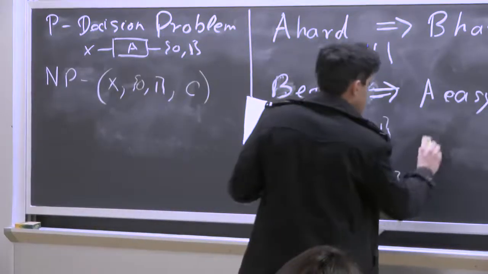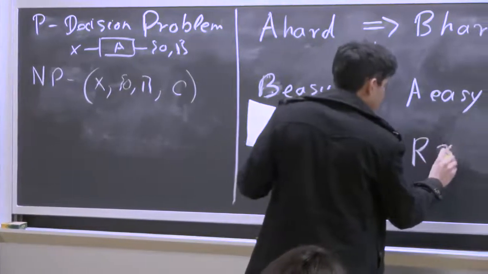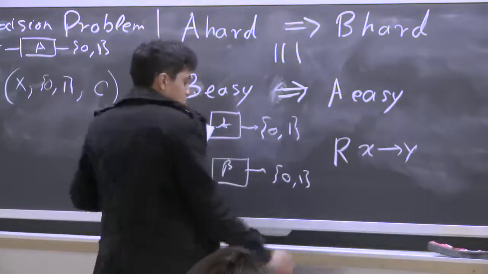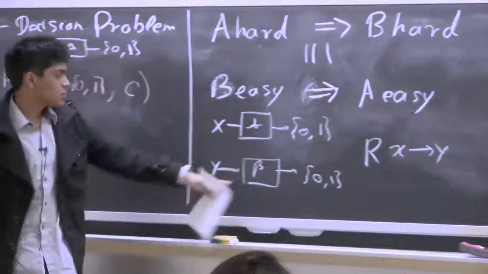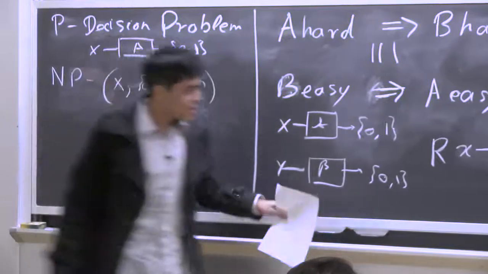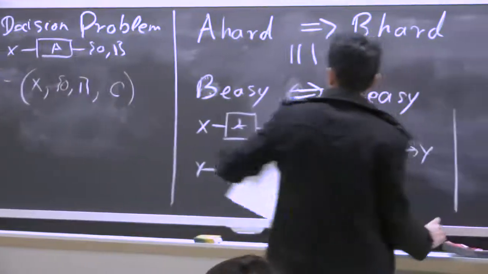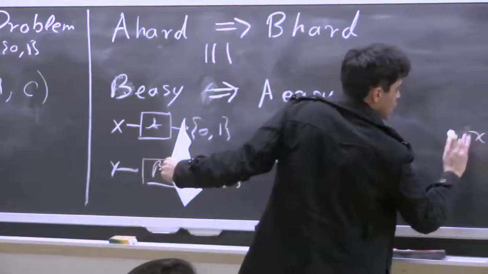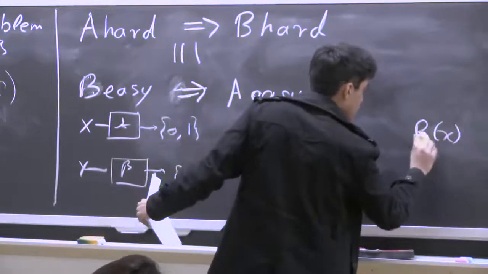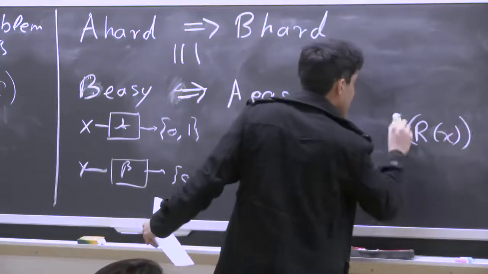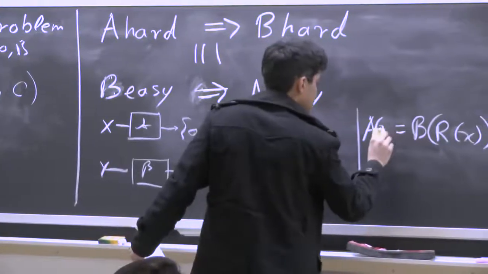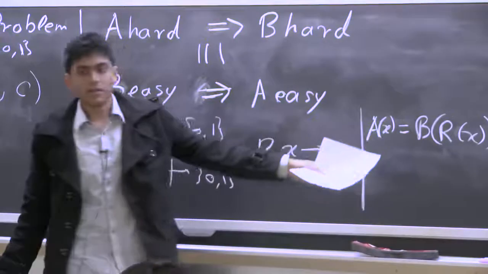You want to find a function R which takes your X and sends it to Y. So you take X, you transform it, and then you apply B. The condition is that A applied to X is the same as B applied to R of X.